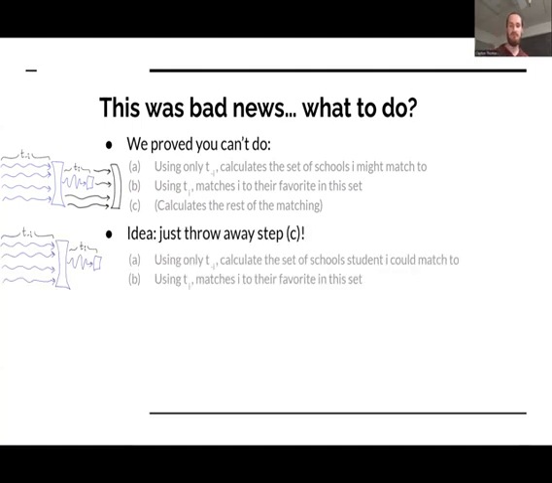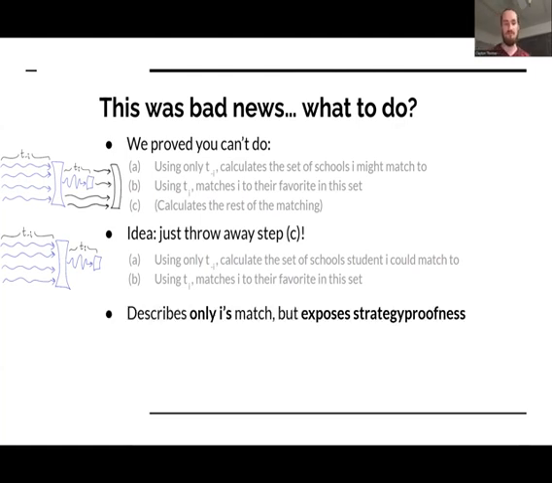Well, here's one idea. Simply throw away step C. Abandon trying to calculate the rest of the matching for everyone and just expose strategy proofness to student I. This new outline using only A and B is going to describe only I's match, but also expose strategy proofness to student I.